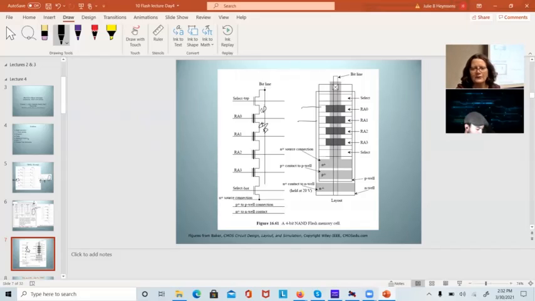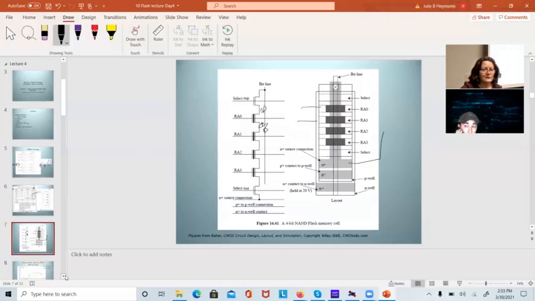I need to have an individual contact to the P-well underneath this string in order to drive those voltages, because to program and erase, I have to drive the substrate voltage. And I have to make the substrate voltage of this string different than the substrate voltage of the other strings, because I don't want to erase the whole device at the same time. Okay, so I need a separate contact for that. That is pretty much what's in that slide.